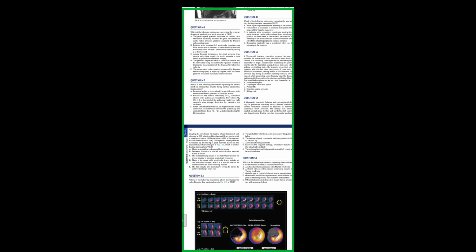The discomfort seemed to lessen when he sat down and finished lunch. The most likely explanation for his chest discomfort is: prinzmetal angina, esophageal reflux and spasm, pericarditis, unstable angina pectoris, then biliary colic.